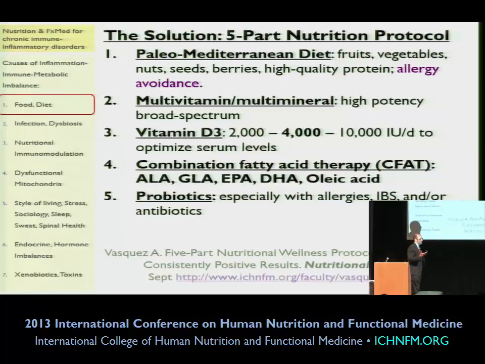So what is the paleo diet? And how do you explain to your patients what to eat if you're going to advocate a paleo diet? So the way that I say it is it's fruits, vegetables, nuts, seeds, berries, and lean sources of protein. You'll notice that excludes pasta, bagels, junk food, food additives, processed foods.